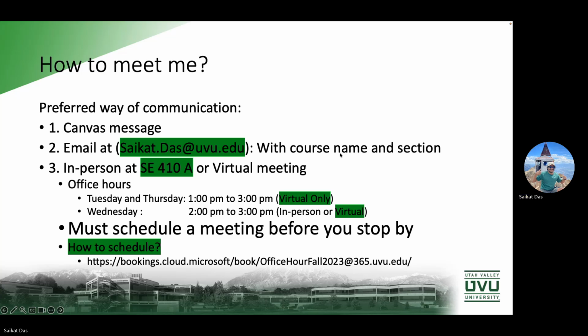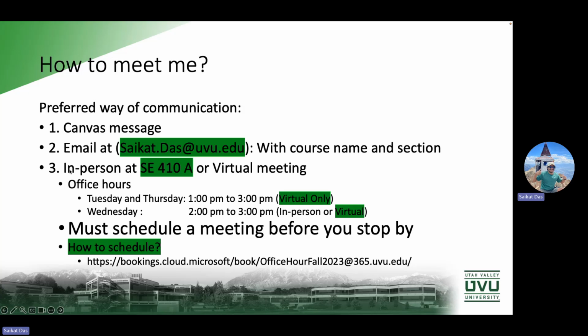Okay, now how to meet me. This is important because I would like to go through some preferred ways of communication. The first way I would like is a Canvas message. This is the best channel because it keeps our conversation attached to the course. If you don't have access to Canvas messages or Canvas at any point, maybe you're traveling or somewhere else, you can send me an email.